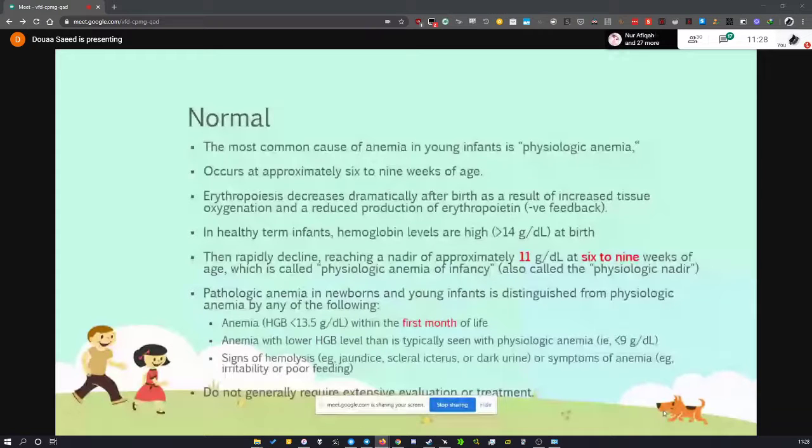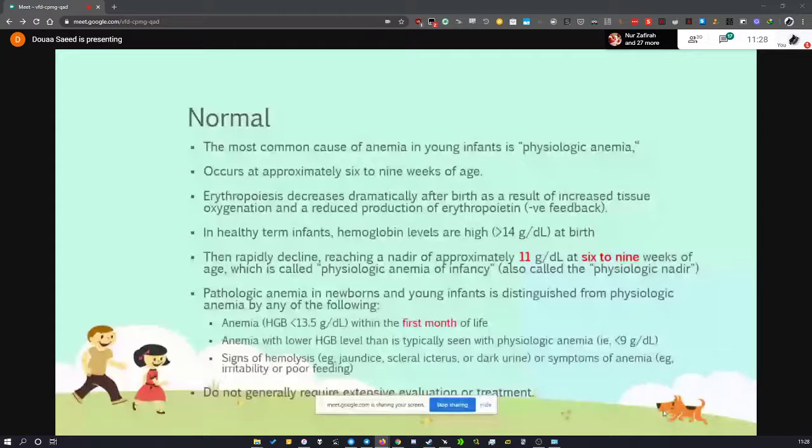Or the anemia will have a lower hemoglobin level than is seen at that age with physiological anemia, for example less than 9, or there will be signs of hemolysis such as jaundice, or there can be symptoms of anemia such as irritability or poor feeding. Usually physiological anemia does not require extensive evaluation or treatment.